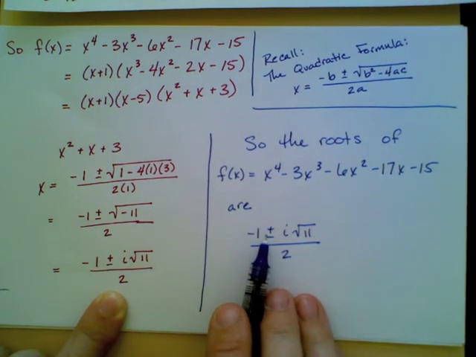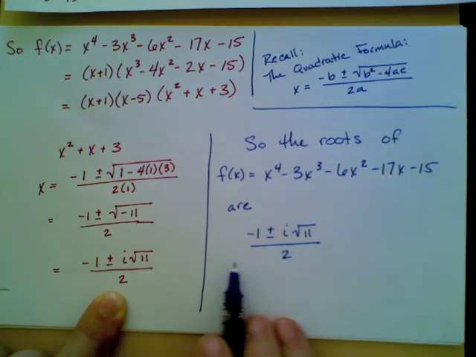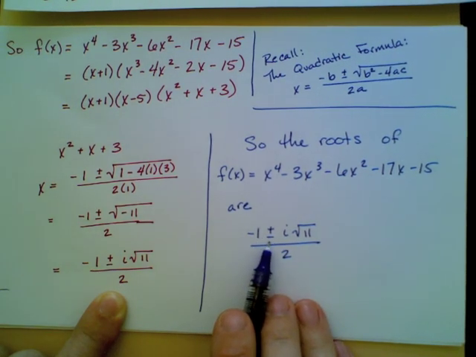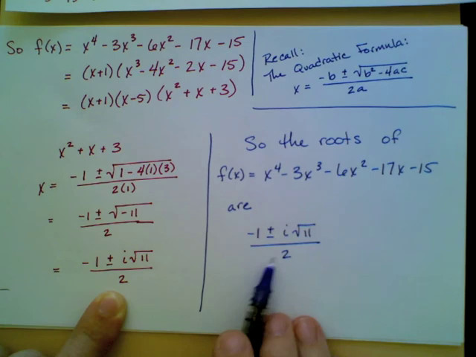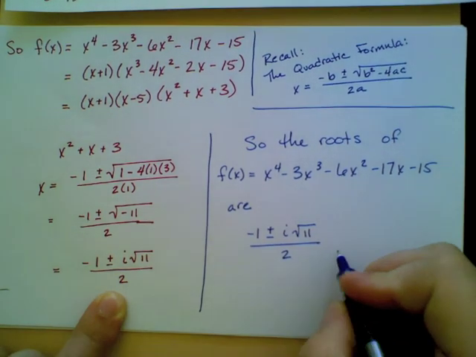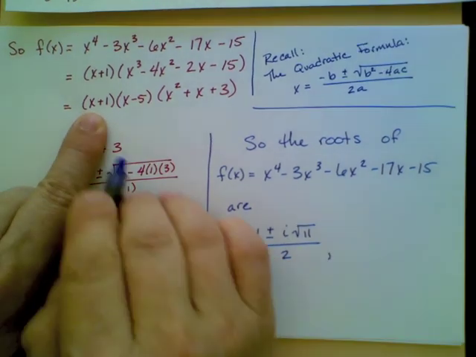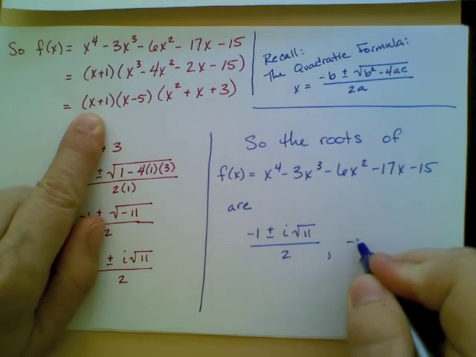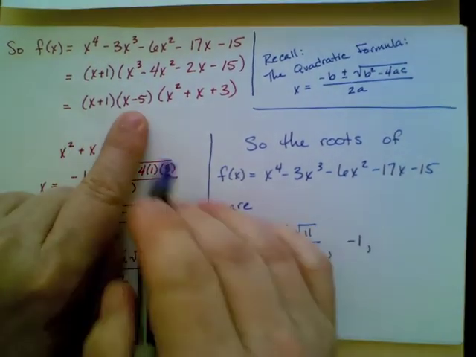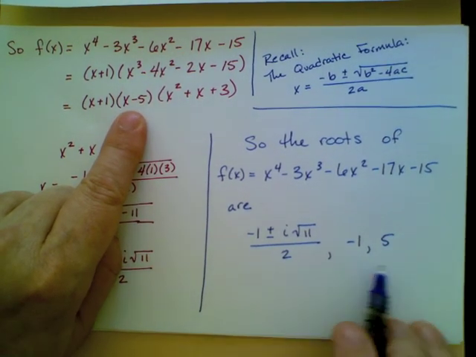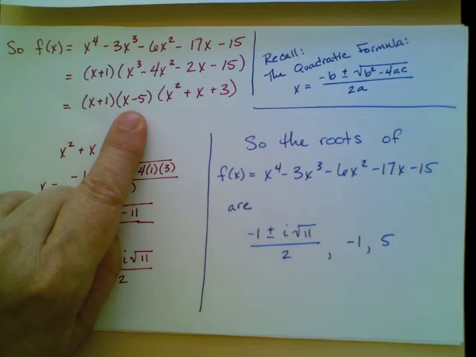It's -1 plus i root 11 all over 2, and -1 minus i root 11 over 2, those two separate numbers. My other two roots, remember from this factor we had a root of -1, and from this factor we had a root of +5. So there are the 4 roots of this 4th degree polynomial.